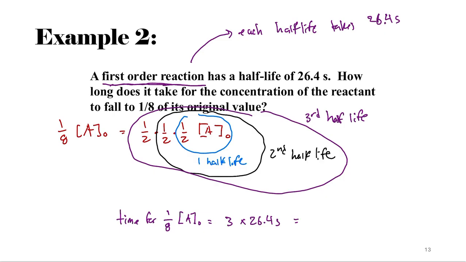So that should give you 78 or something like that. 3 times 26.4, 79.2 seconds.